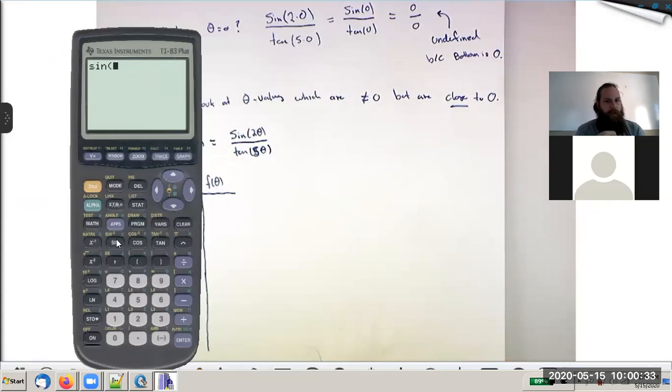So this is going to be sine of 2 times negative 0.1, divided by tangent of 5 times negative 0.1.